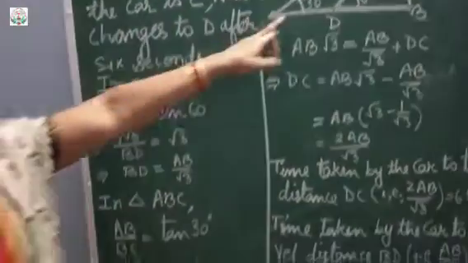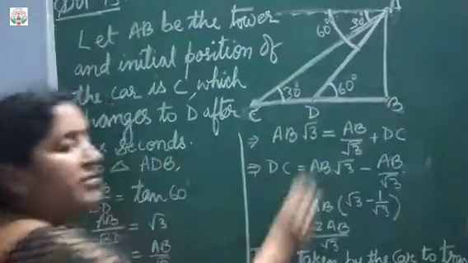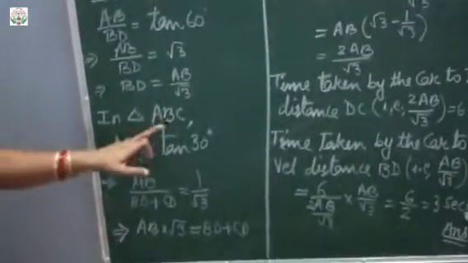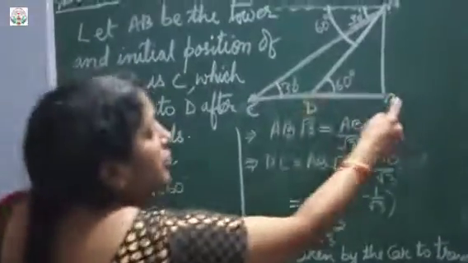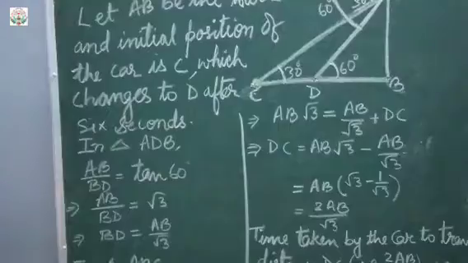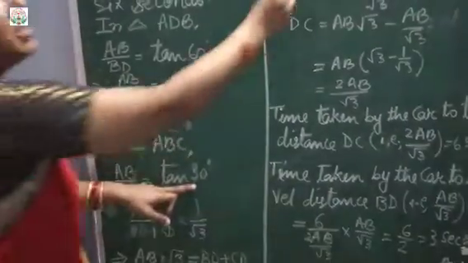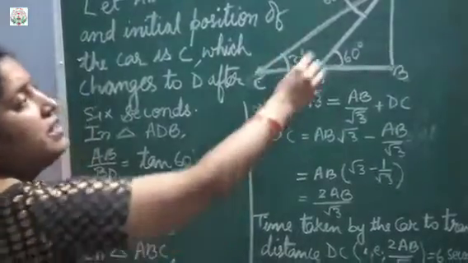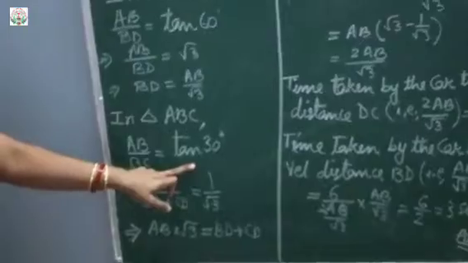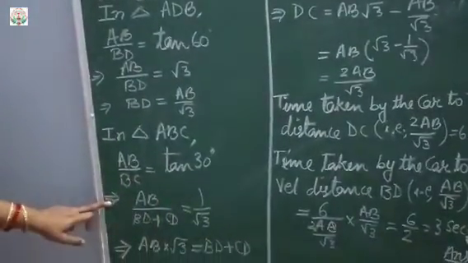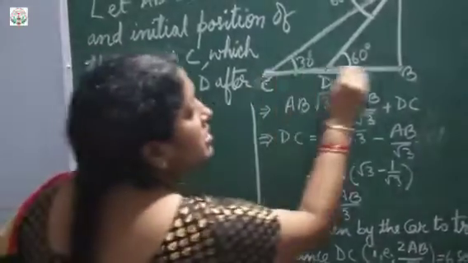Now go to another triangle, that is triangle ACB. In triangle ACB, again AB upon BC equals tan 30, because the angle of depression is 30, which means this angle will also be 30, so tan 30. This BC is what?